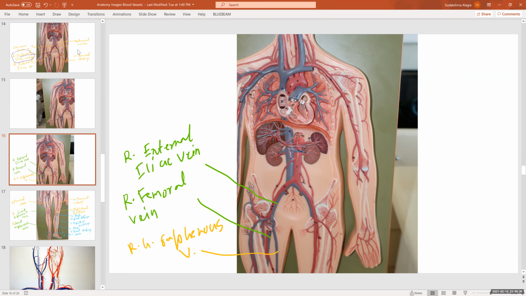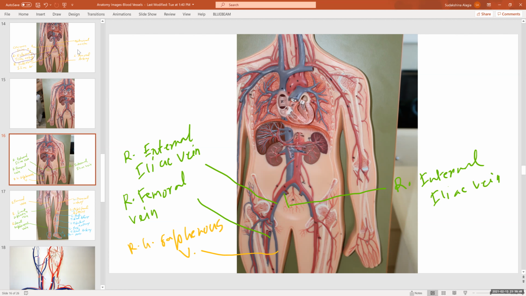Now the names are going to be repeated. This tiny segment, this is right internal iliac vein.